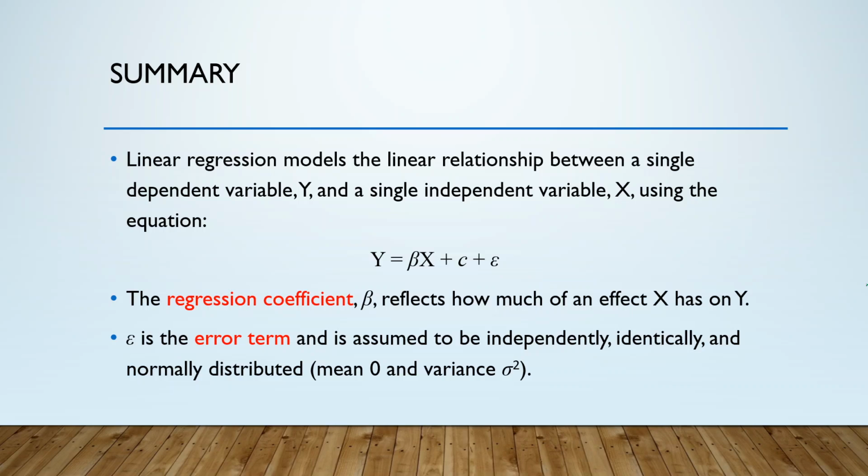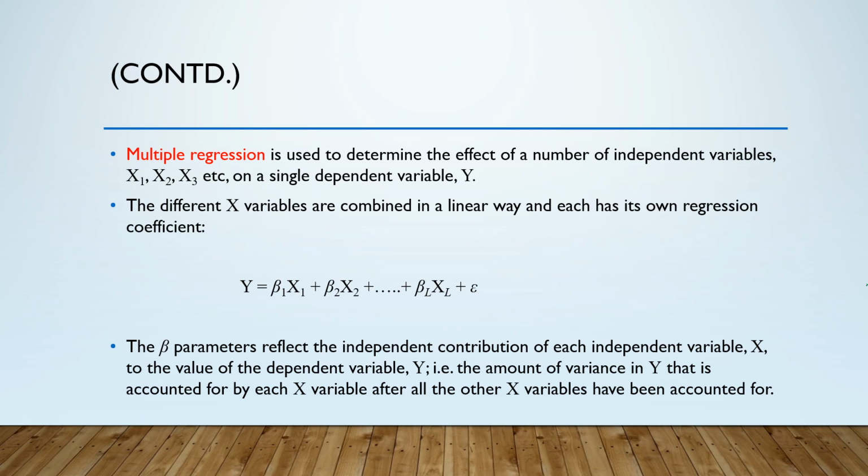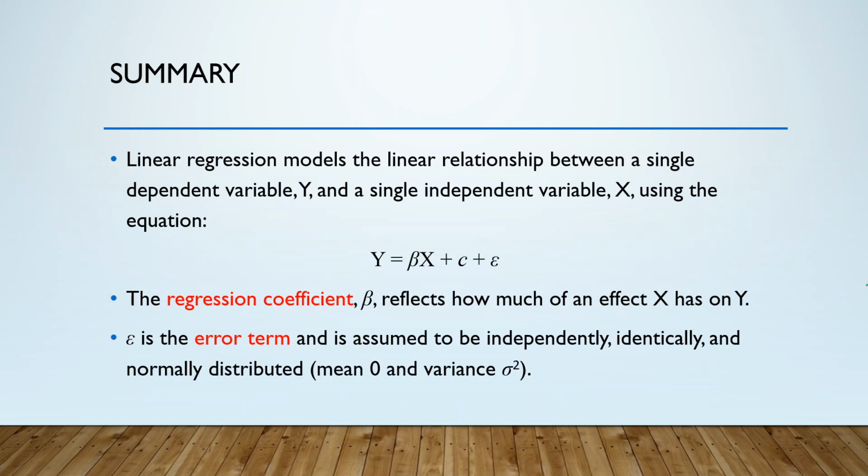And the epsilon term is the error term and is assumed to be independently, identically and normally distributed. So what is the meaning of the term normally distributed? That the mean will be 0 and variance will be sigma square. That is the epsilon.